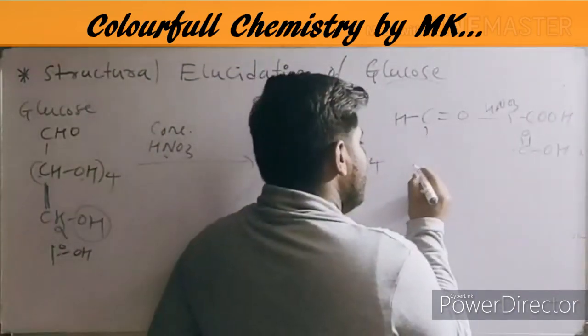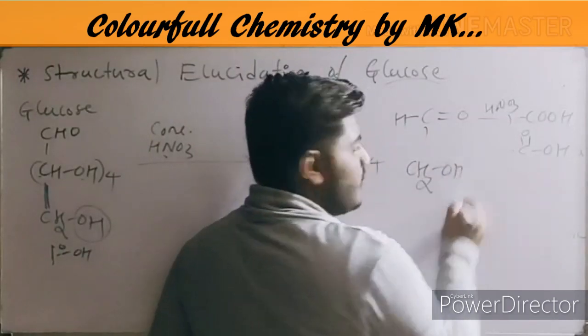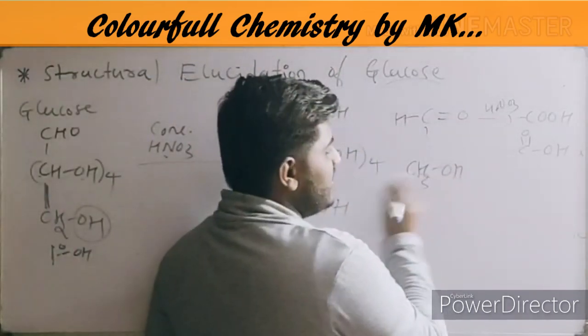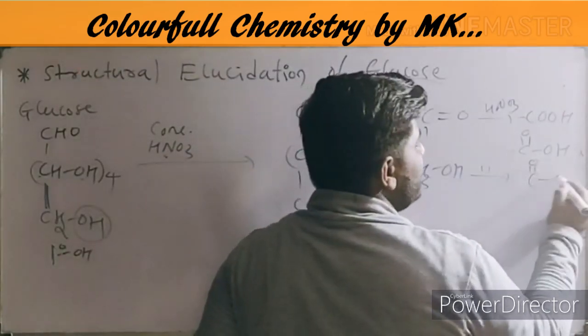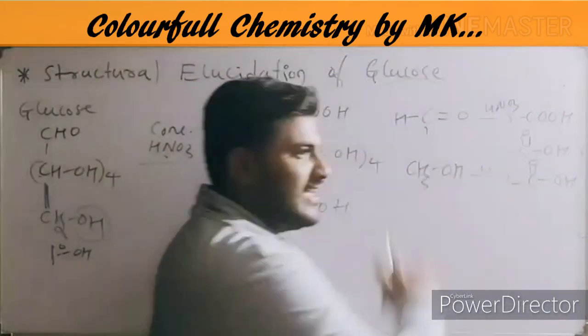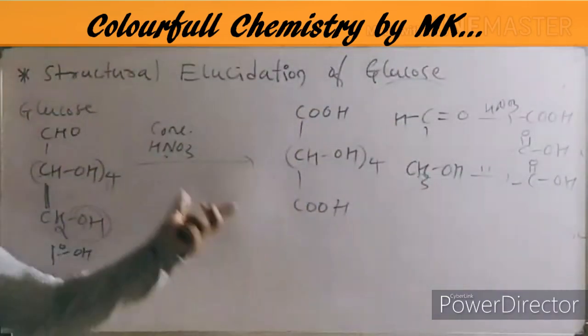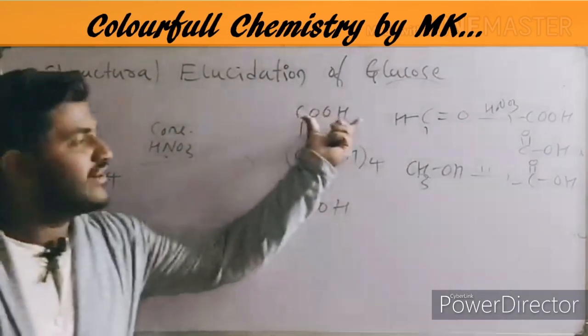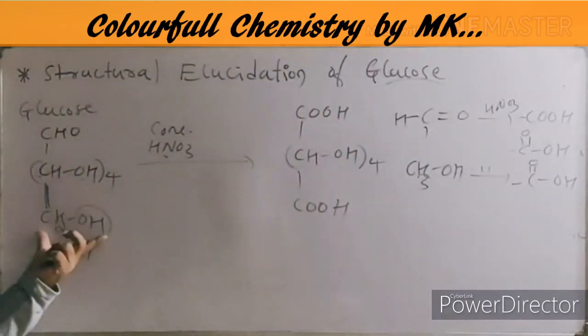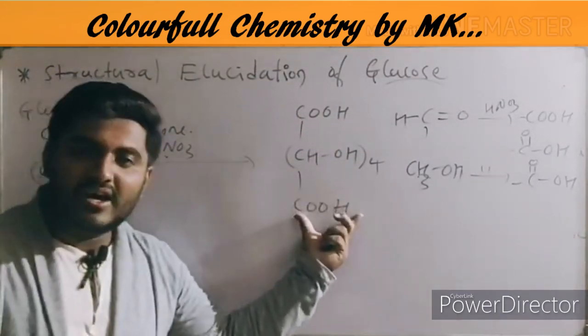Like that only, when a primary alcohol, CH2OH, is reacted with HNO3, there also we are getting carboxylic acid only. Are you following, guys? In the same way in glucose, the aldehyde is converted into carboxylic acid, and the primary alcohol is converted into carboxylic acid.